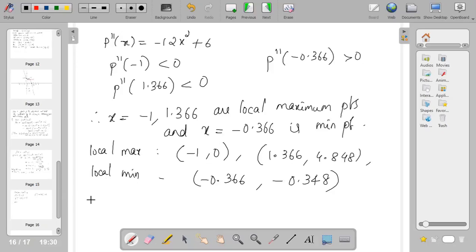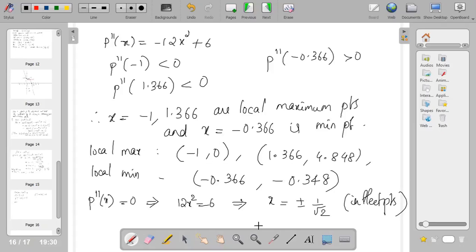And again p double dash of x equal to 0 implies 12x square will be equal to 6, so x will be plus or minus 1 by root 2. These are the inflection points.